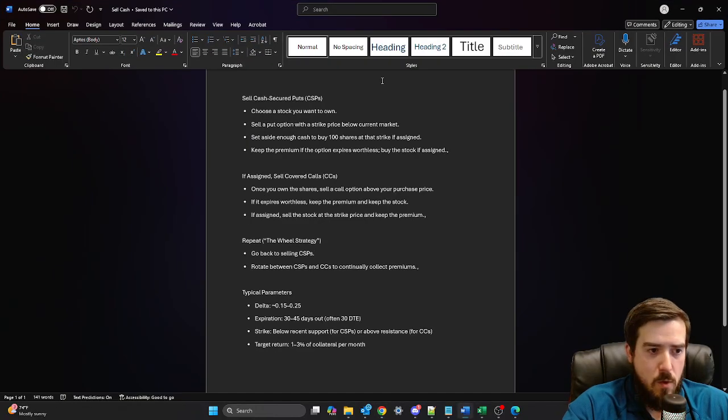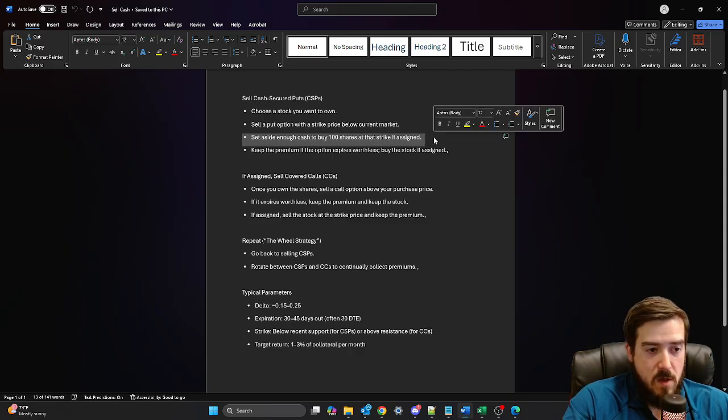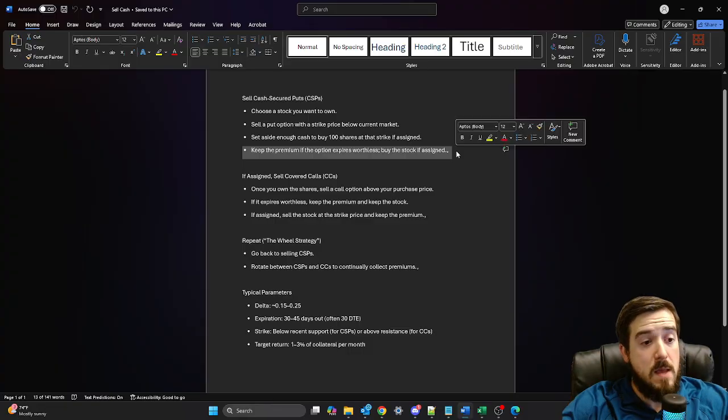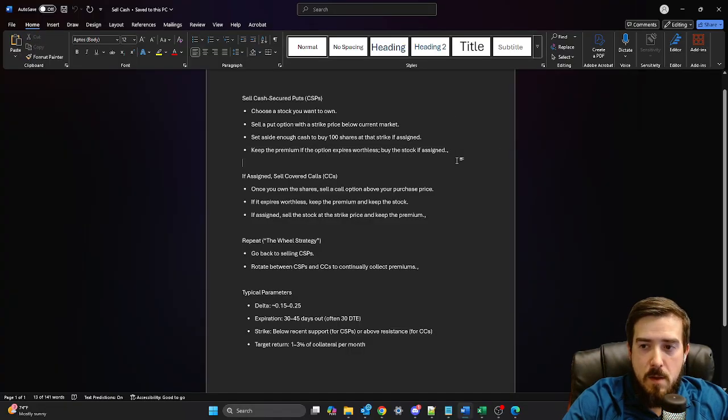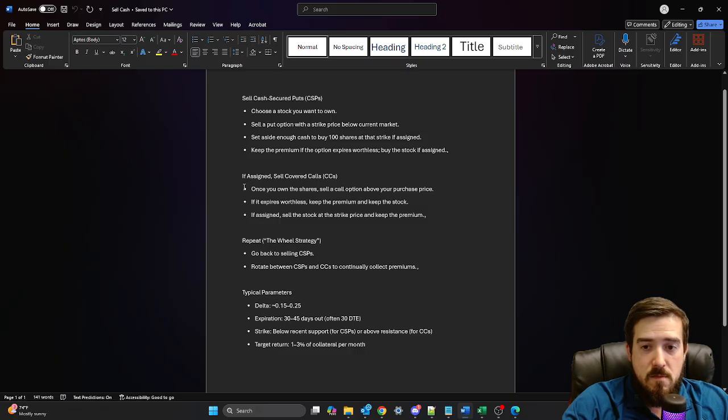And looking back at here, we'll go back through and check everything off, right? So we chose NVIDIA as our stock we wanted to own. We sold a 165 strike put. We put away enough money to cover that position. That position expired worthless, so we get to keep the premium. And then we'll say we did it the next week, and this time we got assigned, right?